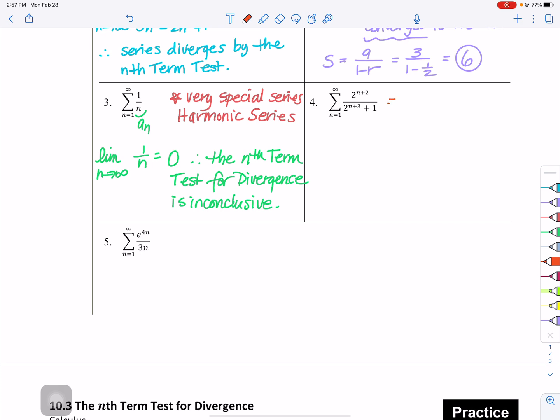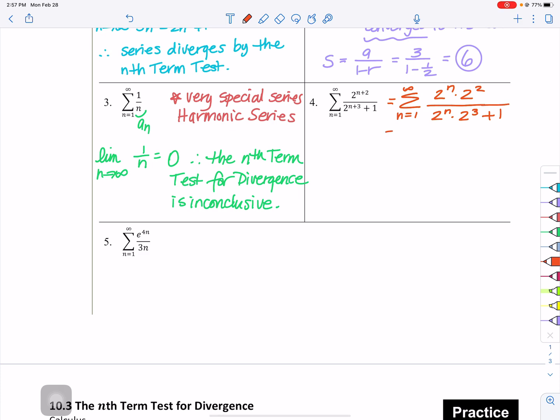Let's rewrite this to get a better look at this. As you can see, this numerator is 2 to the n times 2 squared, all divided by 2 to the n times 2 cubed plus 1.